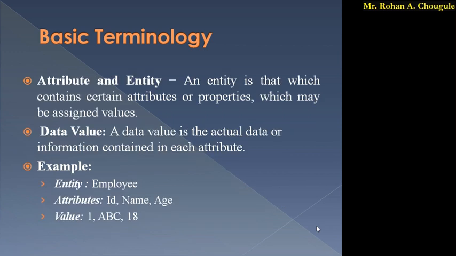Then attribute, entity and data values we have seen with the help of an example. Here the entity is nothing but employee and its attributes are ID, name, age, and the values of these attributes are 1, ABC and 18 respectively, where the entity is employee. Right? So this is about the attribute, entity and data values.